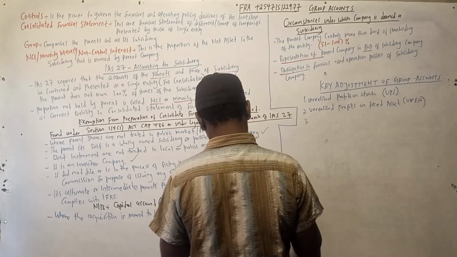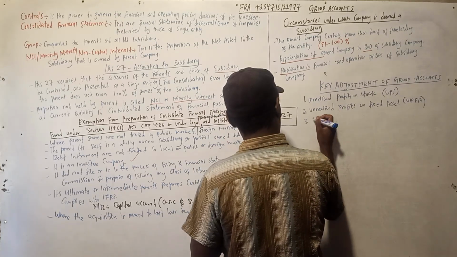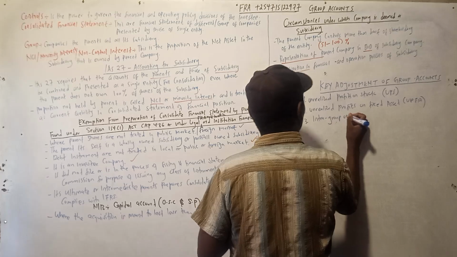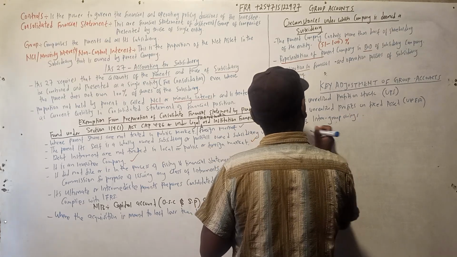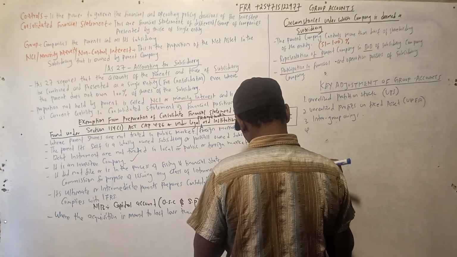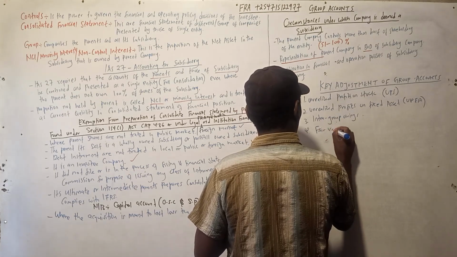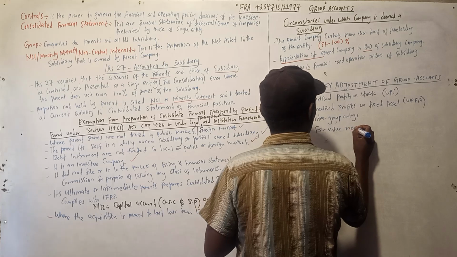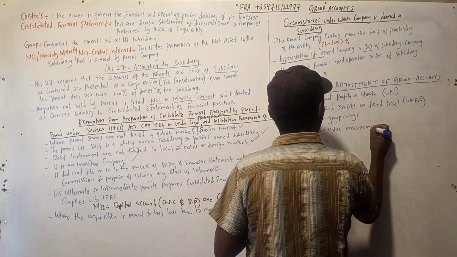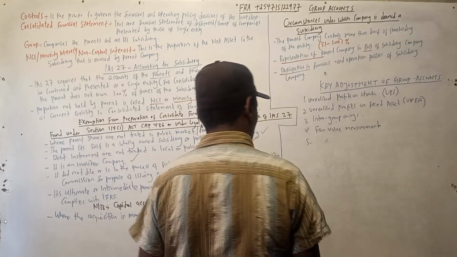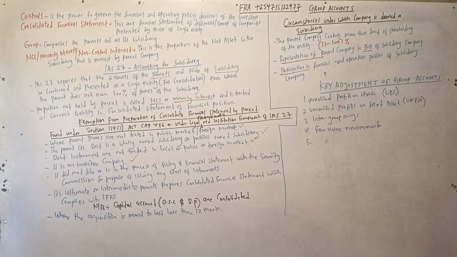And number three, you can have intergroup owings. Number four, you can have fair value measurement. This is about revaluation. When we talk about the fair value measurement, we are talking about revaluation.